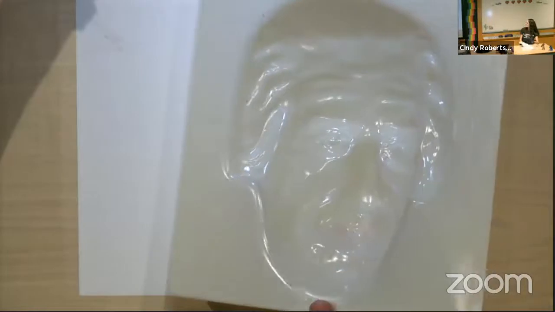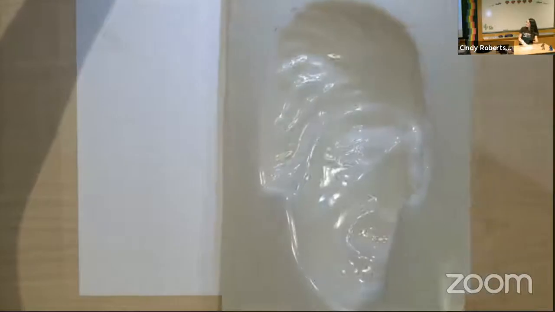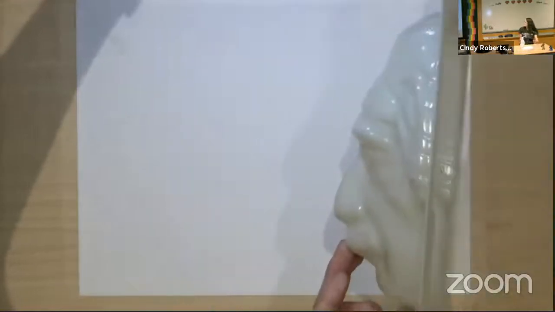I'll go ahead and turn it around so you can see that that's actually the inverted side. And then there he is. So our brain's just kind of tricking us because of those cues that it's getting. So there it is.